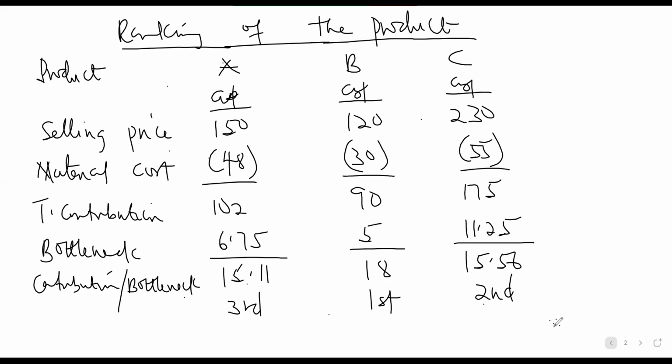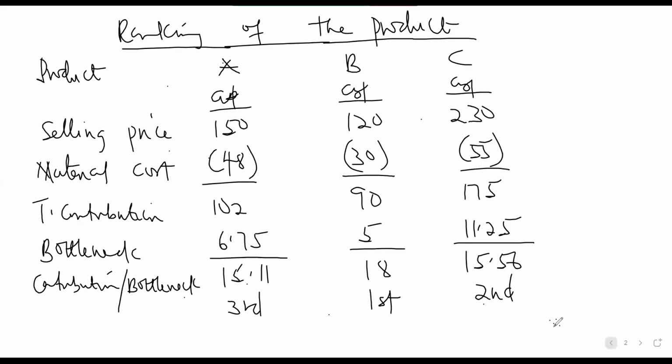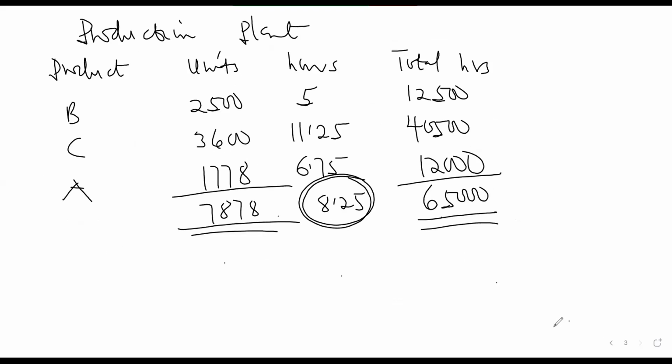Yes, please. Like the way the production plan has been done. No, C is never first. B is the first one. C is never first. Look at it again. Oh, okay. C is second, B is first, and A is third. Okay. All right. Thank you.